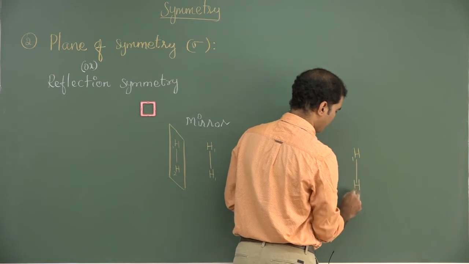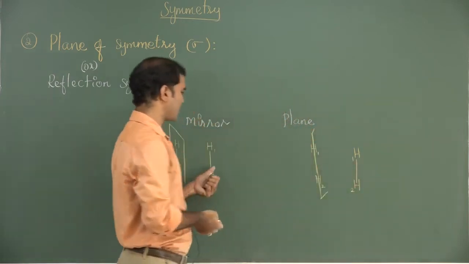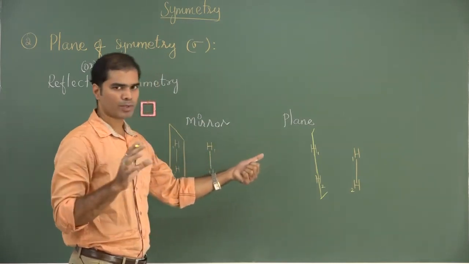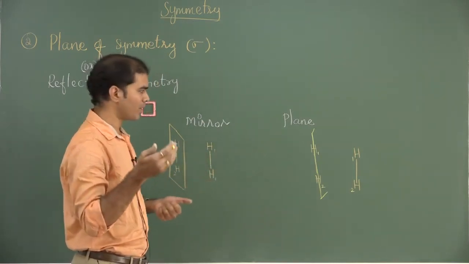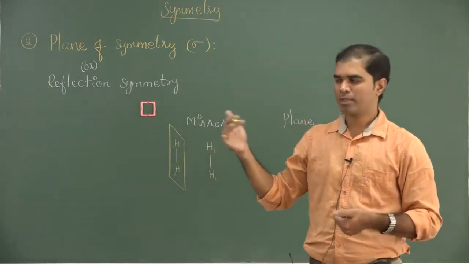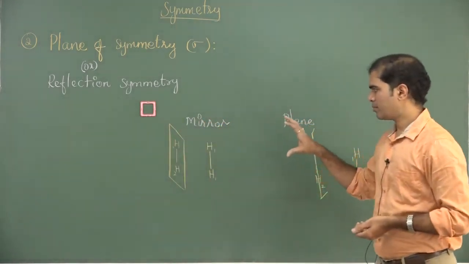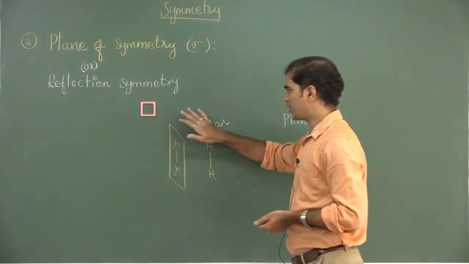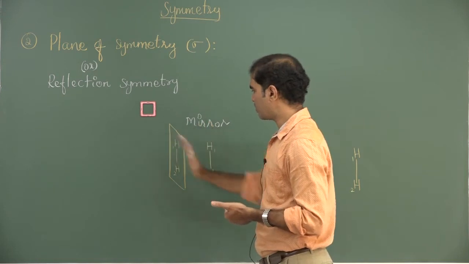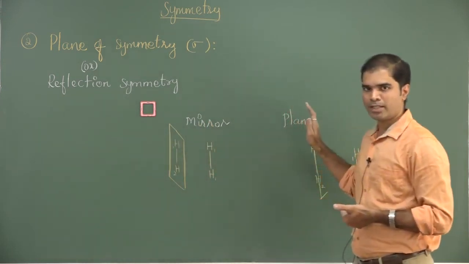The resultant is just as when we put a mirror outside. Once you put a mirror outside, it looks similar, but there are some qualitative differences. As we go on taking some number of molecules, you will come to know how a mirror is different from a plane. But for the beginning introduction, you have to remember that a mirror is not imaginary, it is real, and it is kept outside the molecule, whereas the plane is purely imaginary.